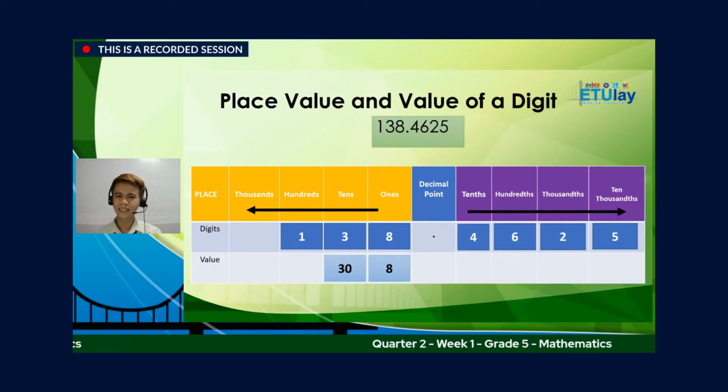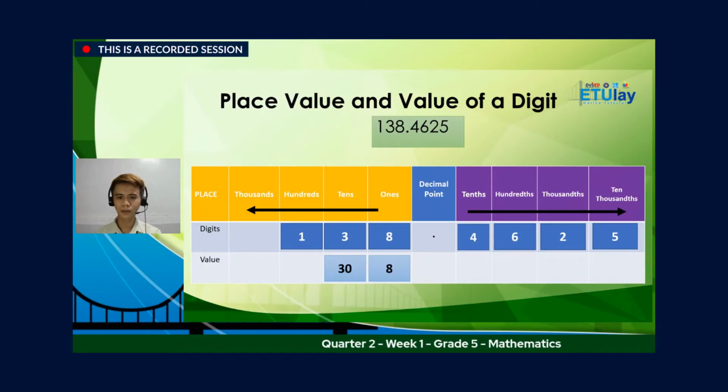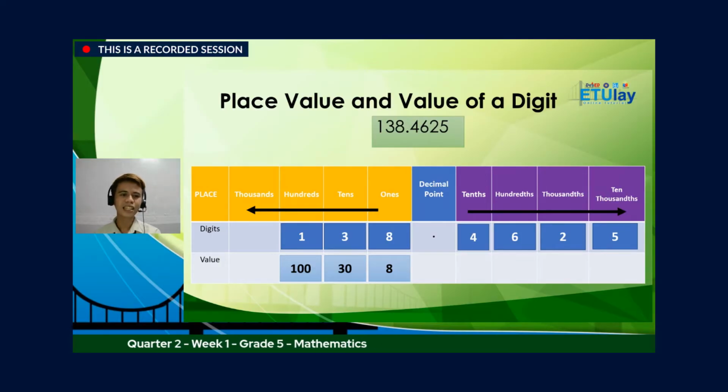Ito naman, napakadali. Hundreds place. 100. Sabi dito, meron tayong digit na 1. And ilan kaya ang magiging value niya dun sa ating number kung nasa hundreds place ang 1? Yes, 100. Very good. So ang value ng 1 ay 100, ang value ng 3 ay 30, at ang value naman ng 8 ay 8 pa rin.